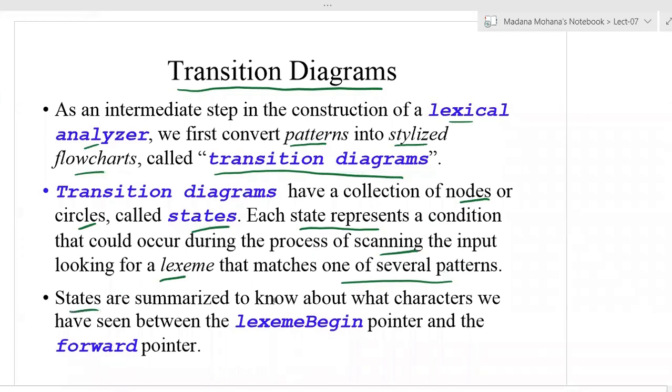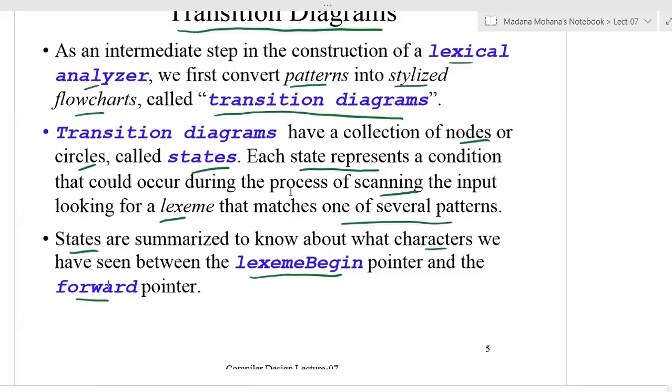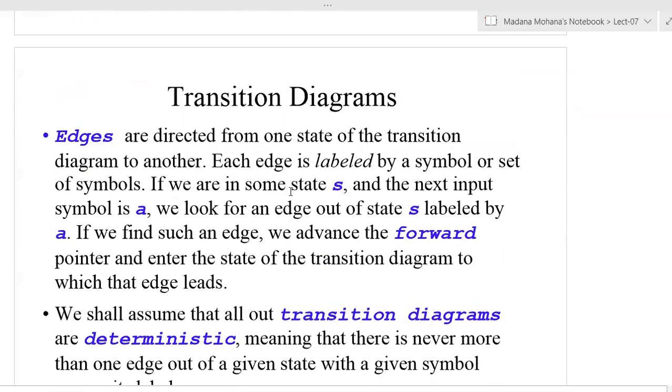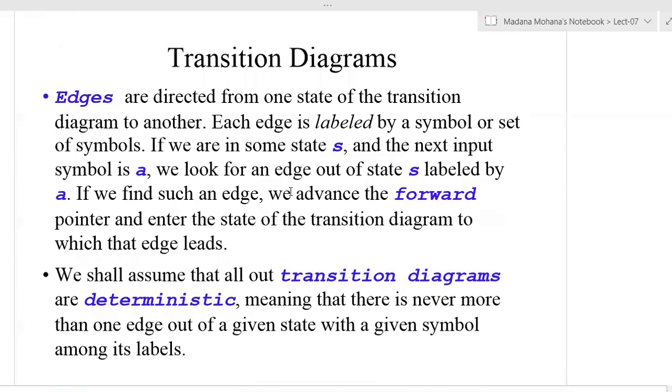Then states are summarized to know what characters we have seen between the two pointers: the lexeme begin pointer and the forward pointer. These two we discussed in our previous lecture on input buffering. Then what do edges represent in the transition diagram of lexical analysis?